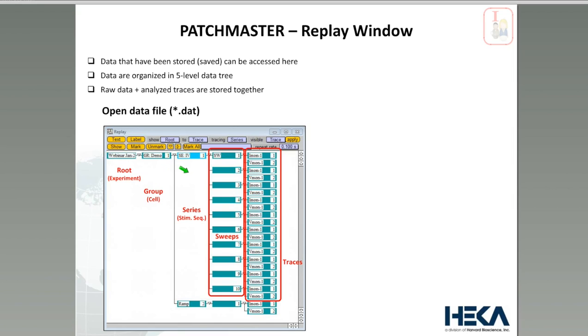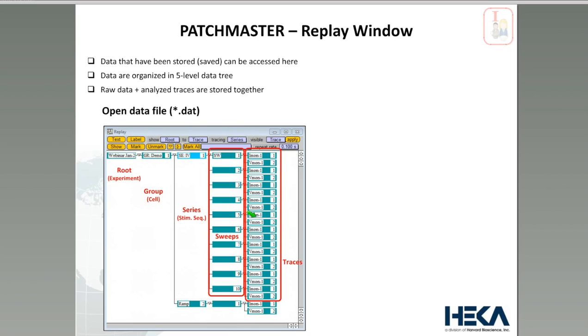Inside the group is then the series level, which is all your stimulation sequences. Each stimulation sequence can, of course, have multiple sweeps. Like in this case, an IV step protocol has multiple sweeps, whereas a ramp protocol maybe has only one sweep. And then the last level is that each sweep can have multiple recordings.